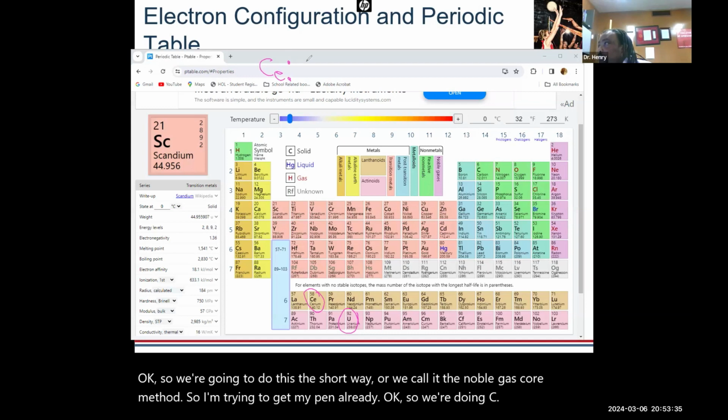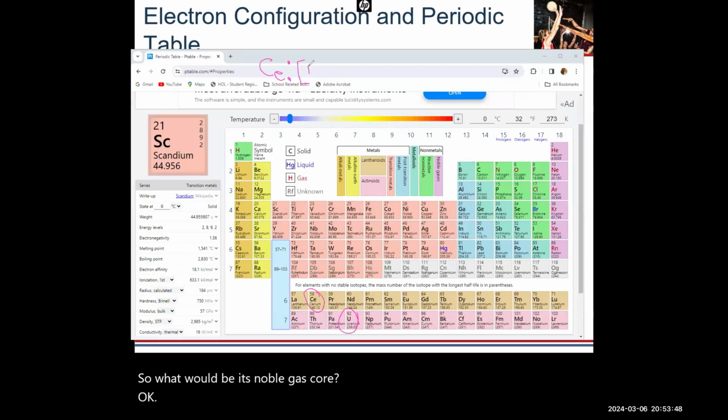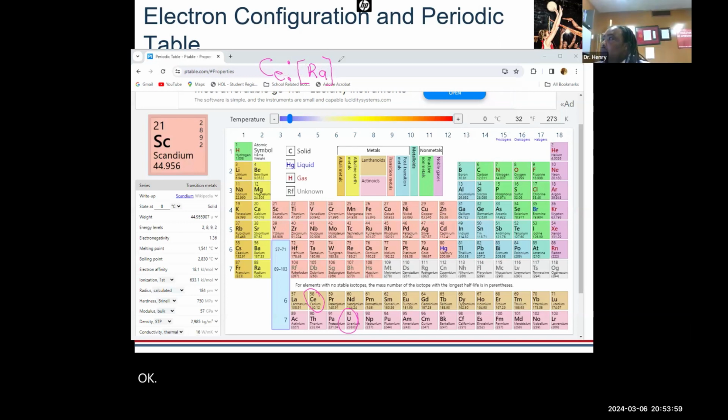So what would be its noble gas core? Radon? Yeah. Okay, so then, oops, not radon, that's radium. Hold on, Rn. Fix that.